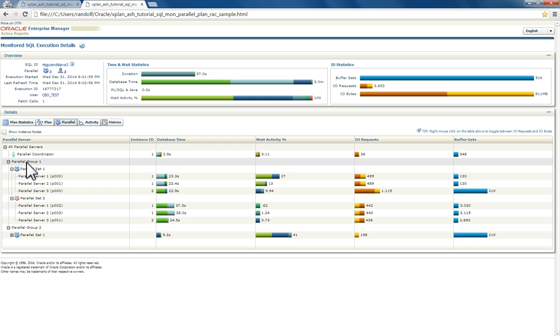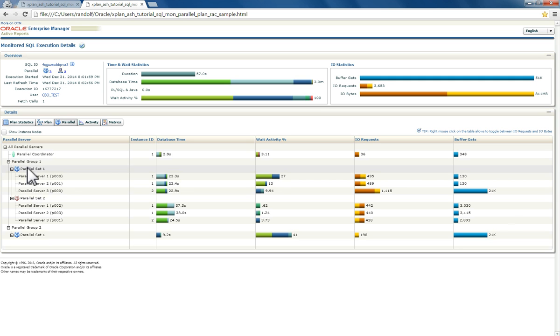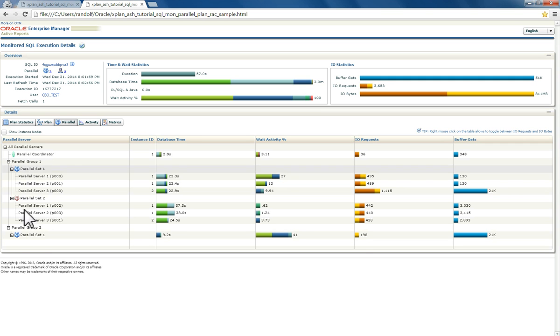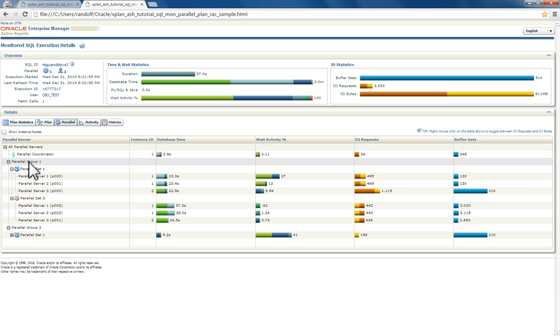One thing that is also maybe helpful to point out: in the real-time SQL monitoring, for whatever reason, the DFO tree information is called parallel group. So if we have multiple DFO trees, then they will show up as parallel group 1 to n. I have no idea why Oracle has invented another term for this DFO tree, and I think it's also the only place where the DFO tree is called parallel group.